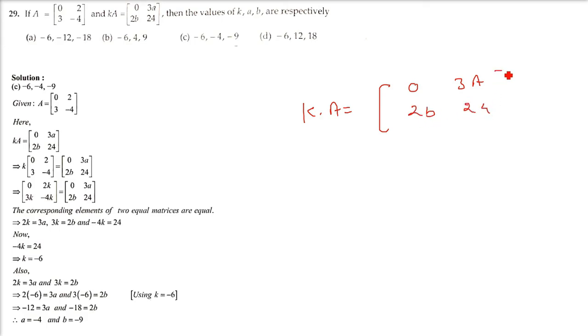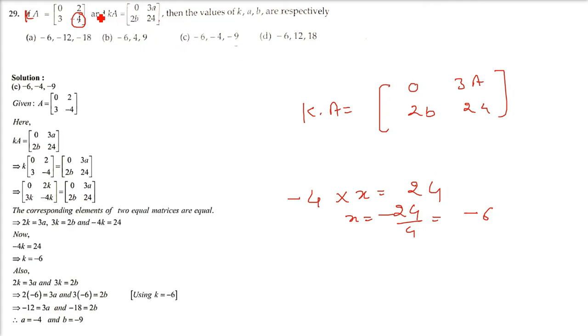Now what we are suggesting here is, you have multiplied something with minus 4 and then you got 24. That is going to give you the k value. So we are just equating the corresponding values. So this k will be minus 6. Using this k, we are going to find out the a and b values.